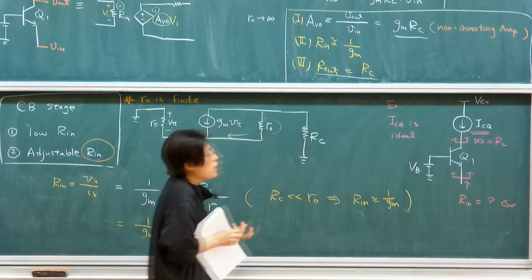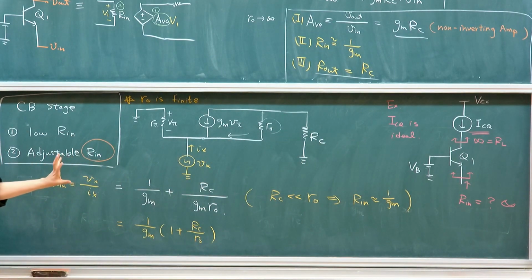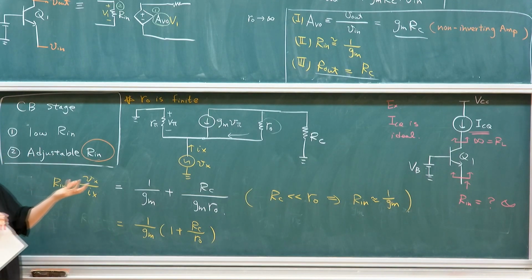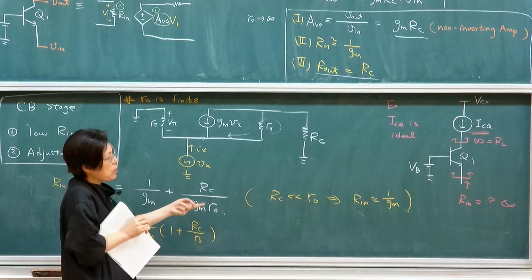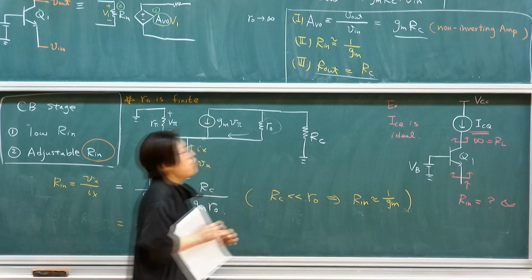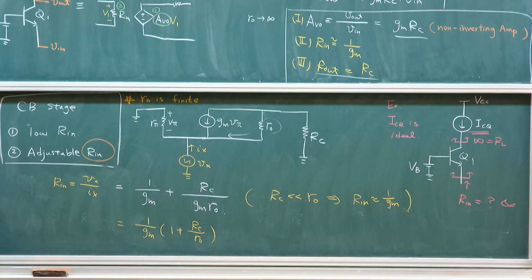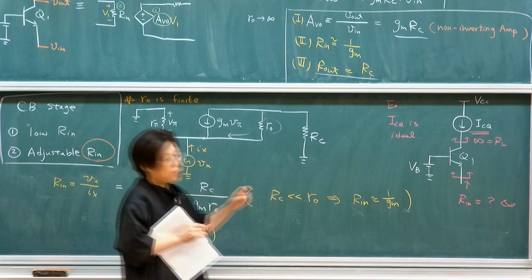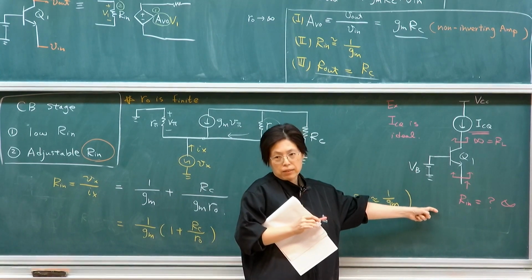Okay? This is conceptually true. What I'm trying to say is that even though in common practice we assume a common base stage will give you low input resistance, it's not necessarily true if this happens.